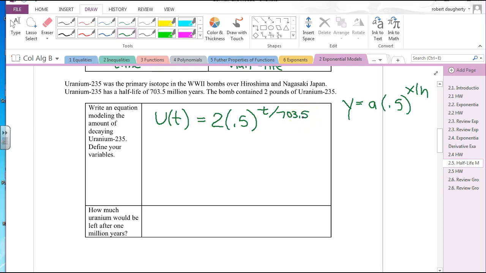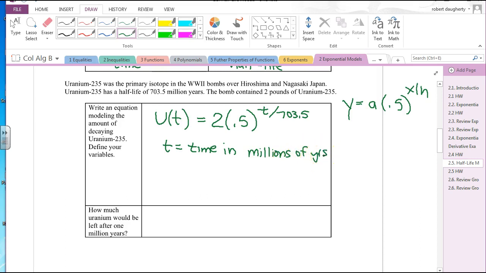And then what are these variables? So T is the time measured in what? Not quite years, something that goes in front of the years. Millions of years, okay? So it's the time in millions of years.